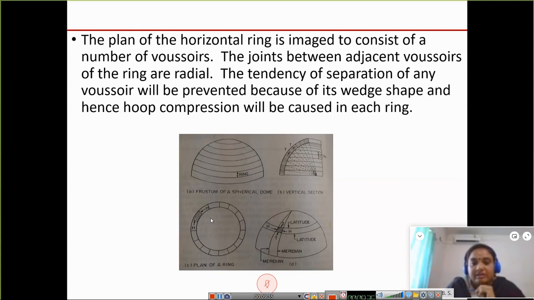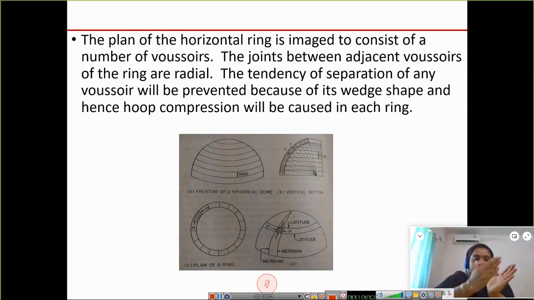The plan of the ring is assumed to consist of a number of Vaussiers, or these units. These units have radial connections, and the tendency of separation of any Vaussier will be prevented because of its wedge shape. So you can see that it's in a wedge shape.